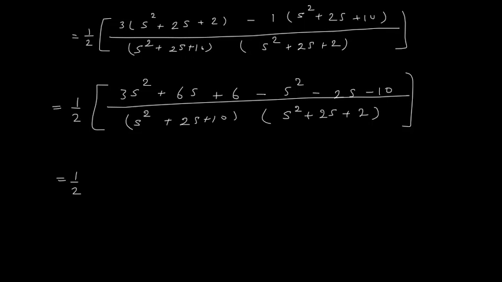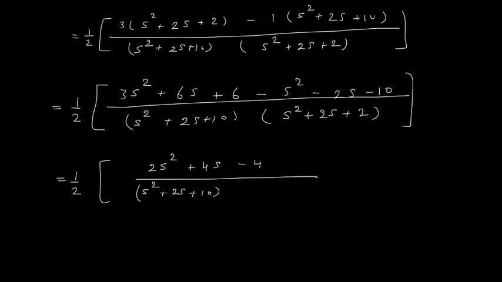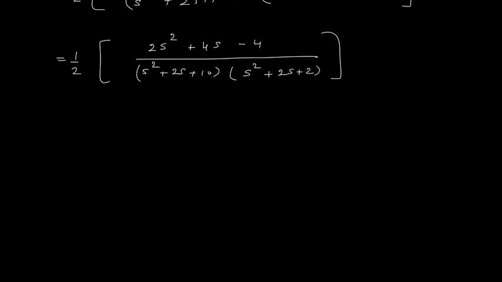Now 3s square minus s square is 2s square, 6s minus 2s is plus 4s, and 6 minus 10 is minus 4, divided by s square plus 2s plus 10 in one bracket and s square plus 2s plus 2 in the other bracket. Now 2 I can take common and cancel with 1 by 2.